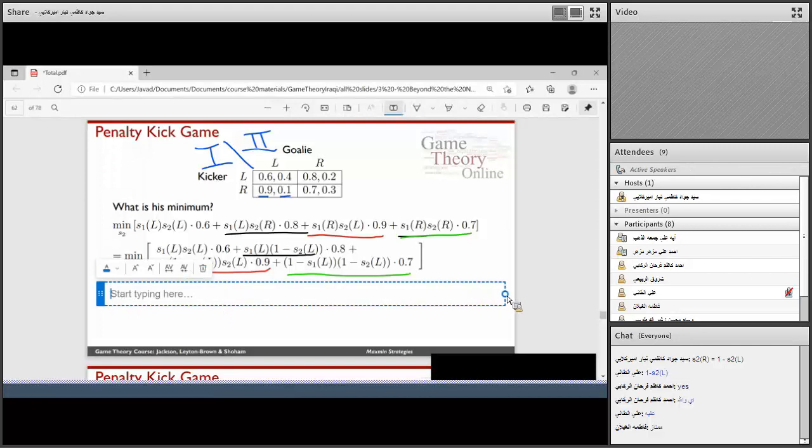It's going to be like this: S2 of L times, open bracket, first we have S1 of L times 0.6, then minus S1 of L times 0.8, right?